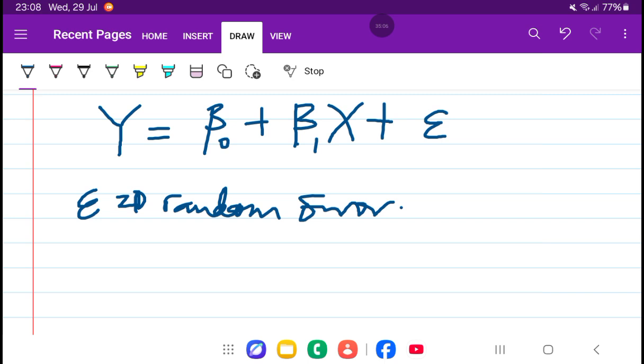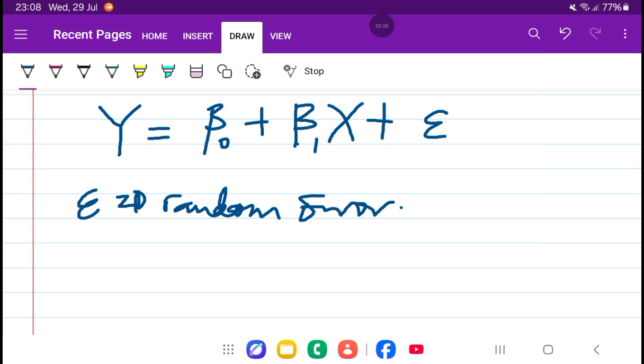So whichever letters they have used, beta 1 will be the slope, and beta naught will be the intercept, and y will be the dependent variable, and x will be the independent variable.